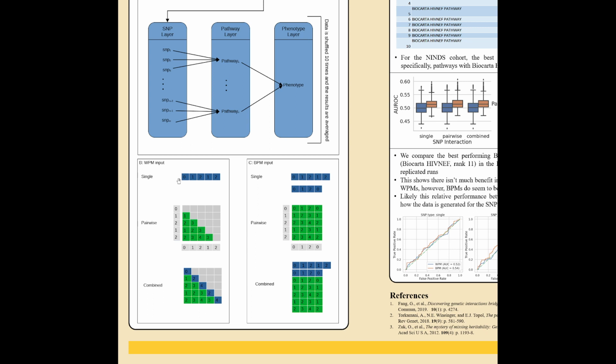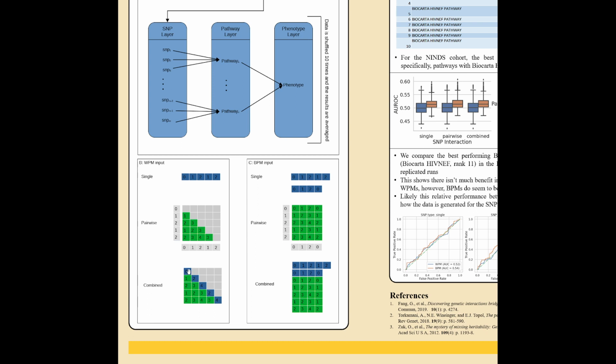Single SNP types are just using the number of risk alleles that an individual has for each SNP. And for WPM, pairwise genetic interactions come from the pairwise combinatorial matrix that results in a symmetric matrix. So we only use the lower left triangle of that for our pairwise interactions.